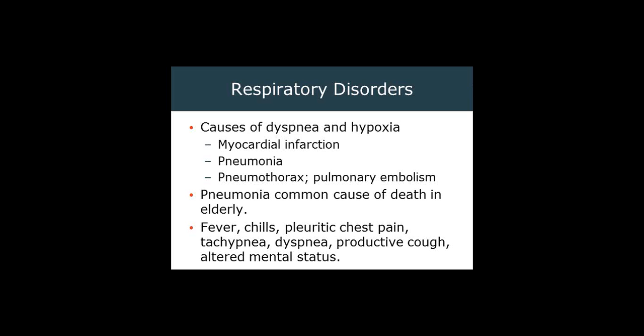Typical signs and symptoms of pneumonia include fever, chills, pleuritic style chest pain, which is more of a rub or a pressure-like chest pain, tachypnea, dyspnea, a productive cough or a cough with sputum present, and an altered mental status.